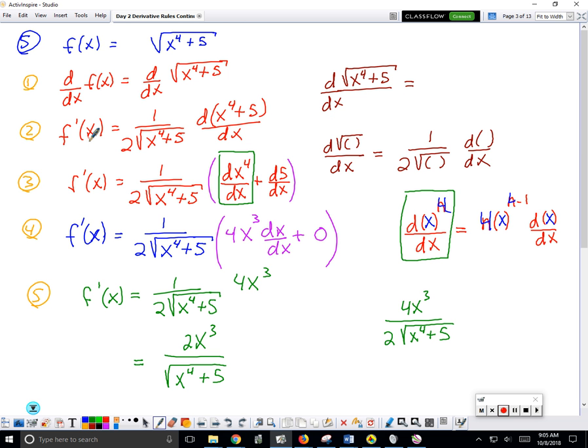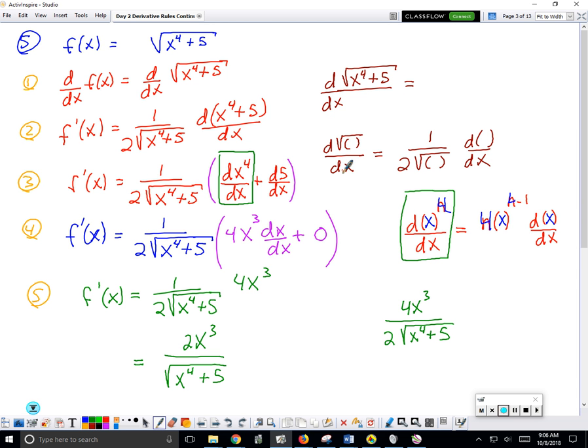So any questions to there? Anything you see that you're like, wait a minute, I don't see it, I just need help. So from 1 to 2, I look and notice I've got d dx of the square root of something. So I check my rule sheet, and there's a rule that looks just like that, like a perfect match.